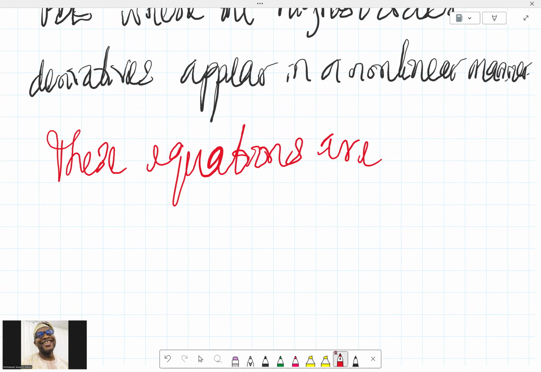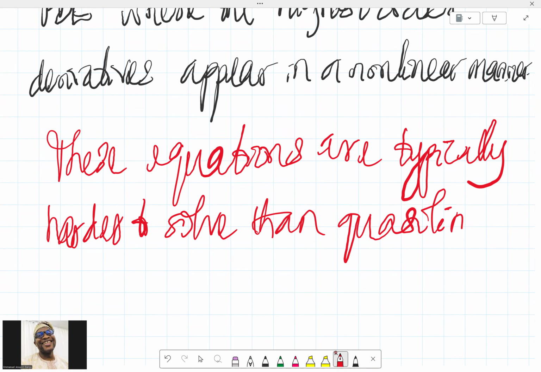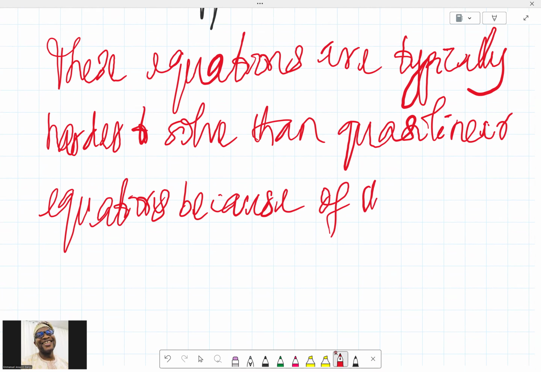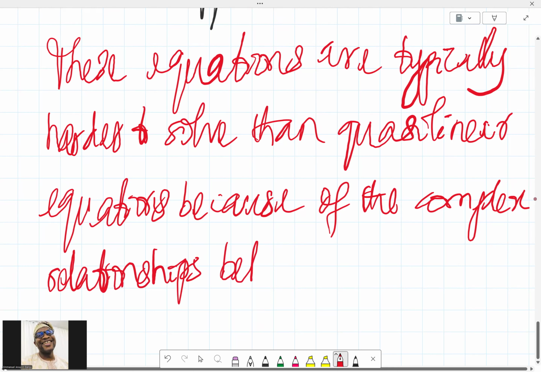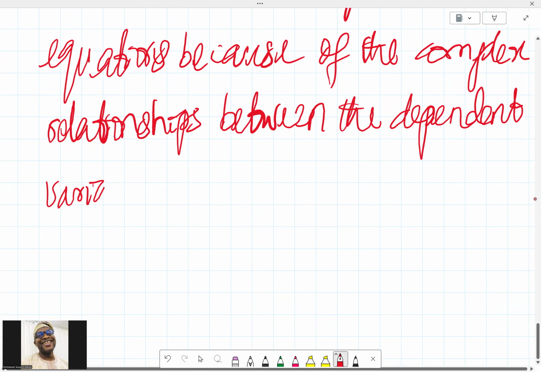These equations are typically harder to solve than quasi-linear equations because of the complex relationships between the dependent variable and its derivatives.